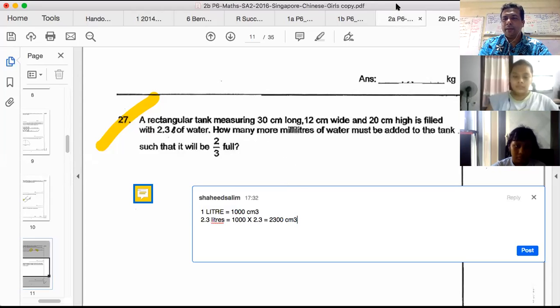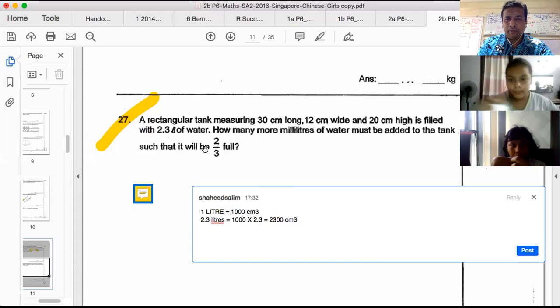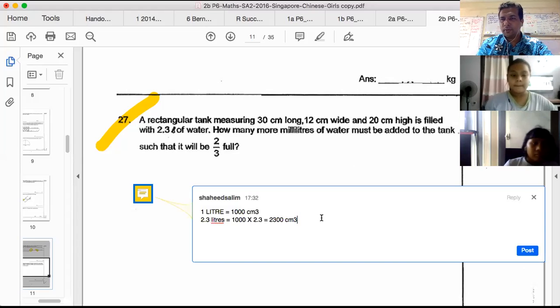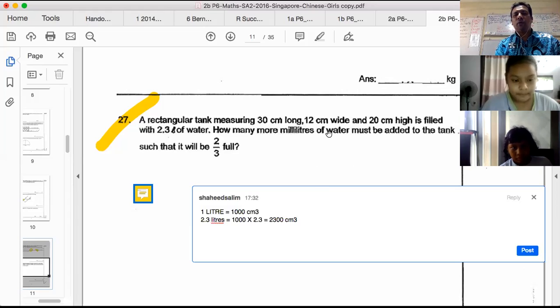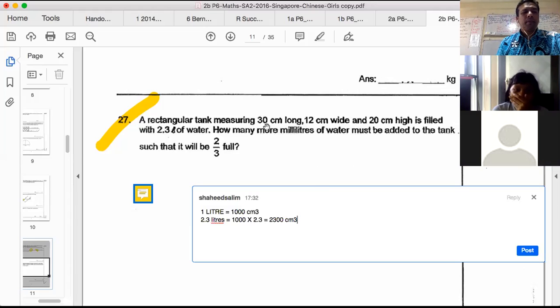The question is saying they want to fill it up to 2/3 full. How much is that? So find this times this times this, then you times by 2/3. You can use your calculator. You want to find 2/3 of the tank, so find the whole volume first.